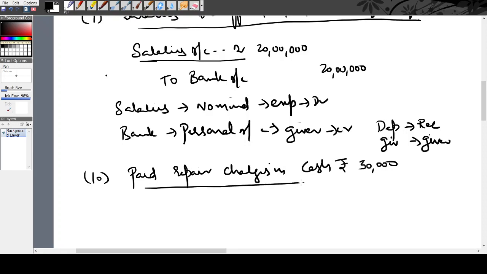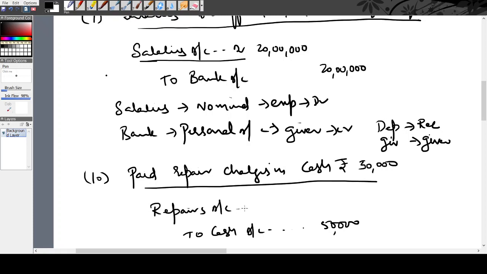So what is the entry we are going to record? Cash is going out of the business, hence I will credit cash. Cash account credit 50,000. This cash has been spent for an expense called repairs. Repairs account should be debited. So what we are saying here is for an expenditure called repairs, we have paid cash.